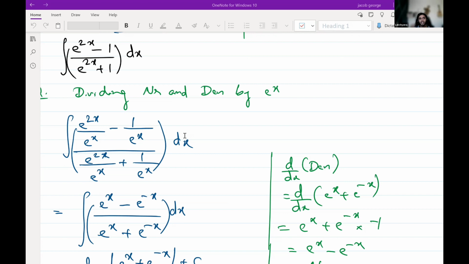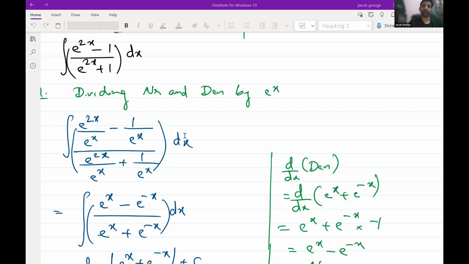Yes, sir. So exactly when can we tell that we need to divide the numerator and denominator by e raised to x? If it is e raised to 2x and the second term is 1 or a constant in that question, we have to divide. Because both the terms must be the powers of e. Here the second term was 1. It was not the power of e.